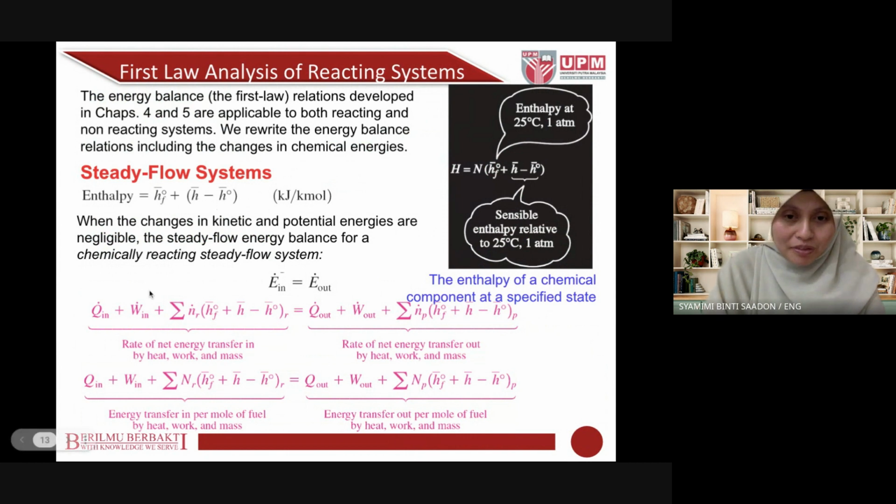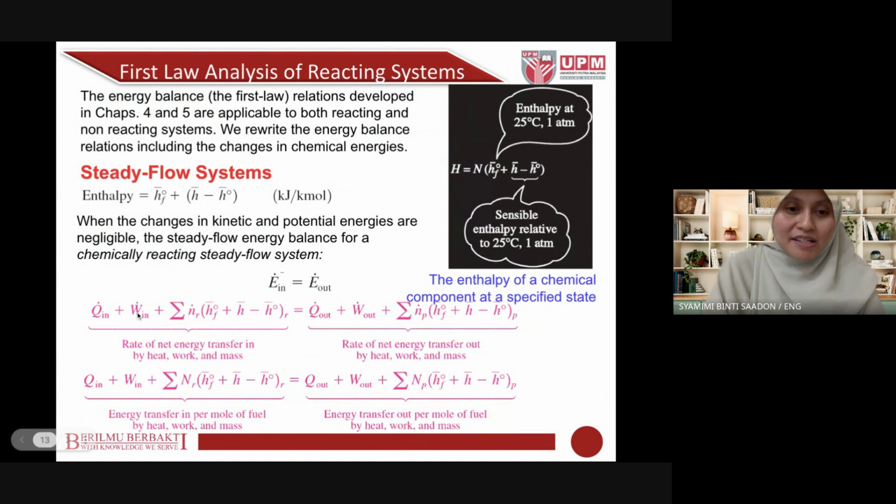If we have the full energy balance for steady flow, the rate of energy input equals the rate of energy output, remember? So if you have heat transfer, work, etc., this will be our full energy balance.